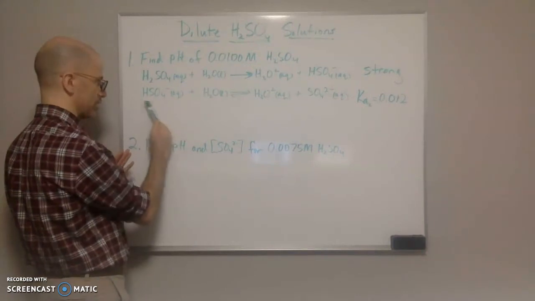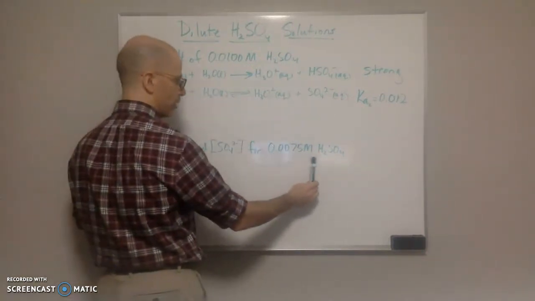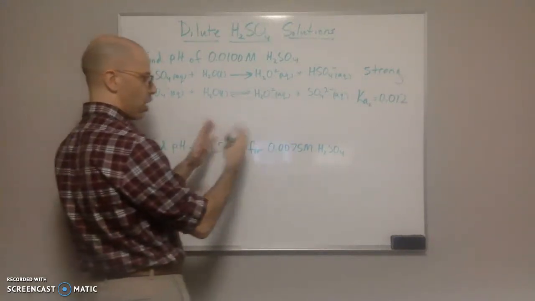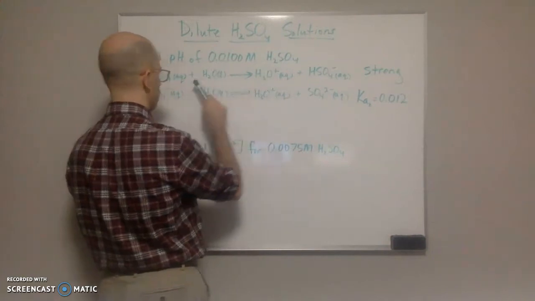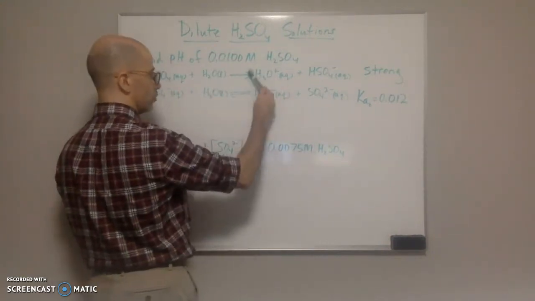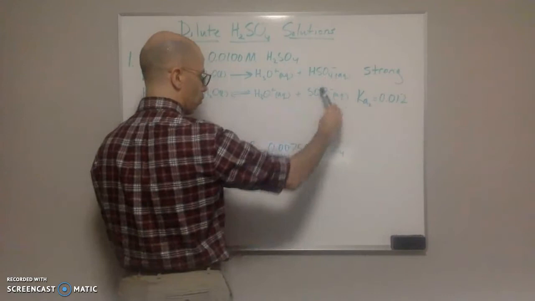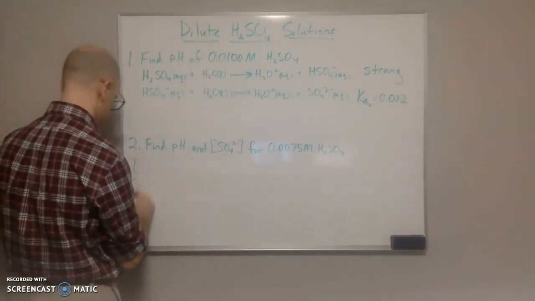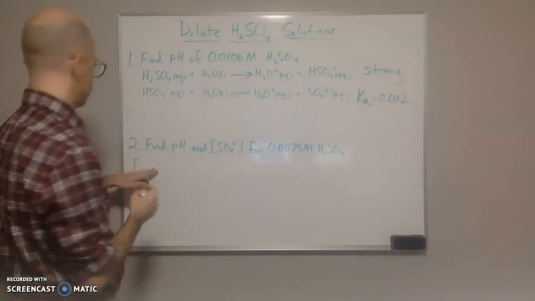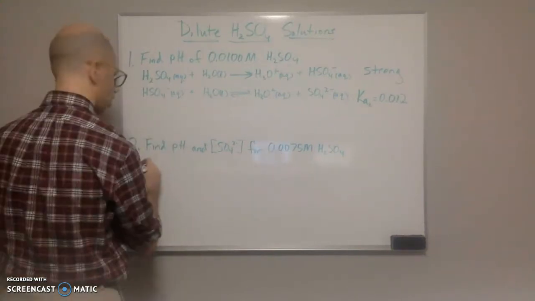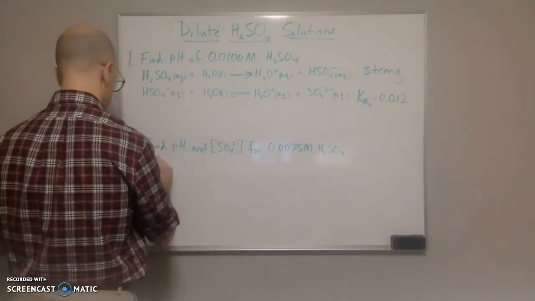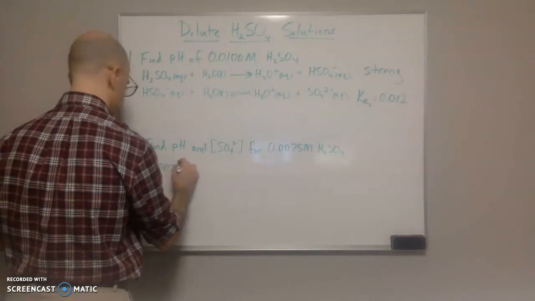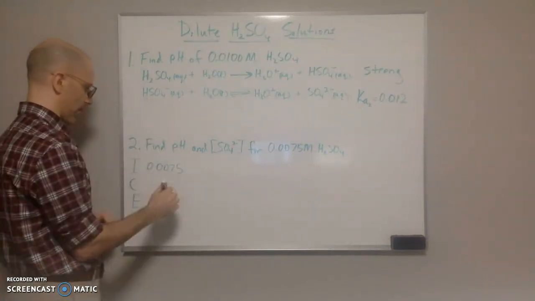We're going to start with the second equation. This will also be the concentration of the H3O plus that we start with, because all of it dissociated into H3O plus and HSO4 minus. So if we do our ICE chart again down here, the initial concentration is 0.0075 for our HSO4 minus.